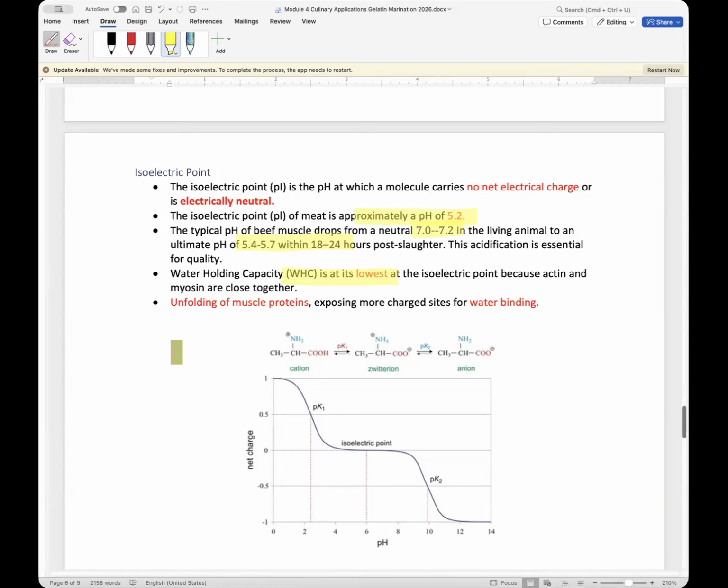But if you have more negatives or more positives than the other, they repel each other. Because there's no charge at the isoelectric point, they don't repel each other. So if you give them a charge, they will repel each other, because like charges repel. And that causes the unfolding of the muscle protein and increases the water holding capacity.